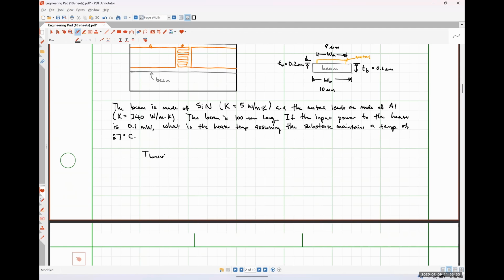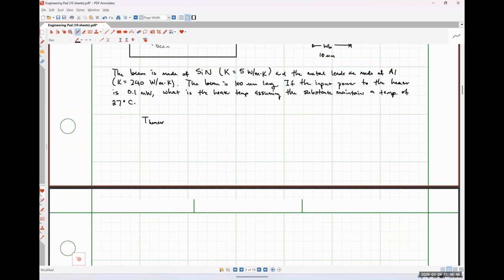From an electrical circuit standpoint, this is going to be the point of highest potential in our system, so this is the hottest place in our system. Down here at the bottom would be our lowest point of electrical potential, or our lowest temperature. So the temperature of our heater is essentially playing the role of a voltage, and the temperature of the substrate is playing the role of ground, okay?